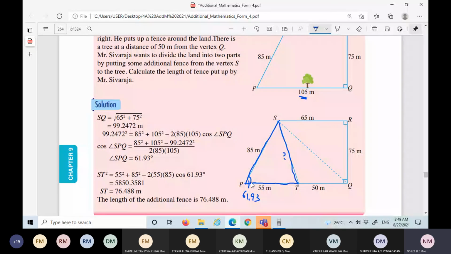Use cosine rule, same thing. This one set as the subject, what the question wants. Then this is the opposite, so cos 61.93 here. The other 2 lengths 85, 55. So 55 squared plus 85 squared minus 2 times 55 times 85. Remember square root at the end. So this is the answer.